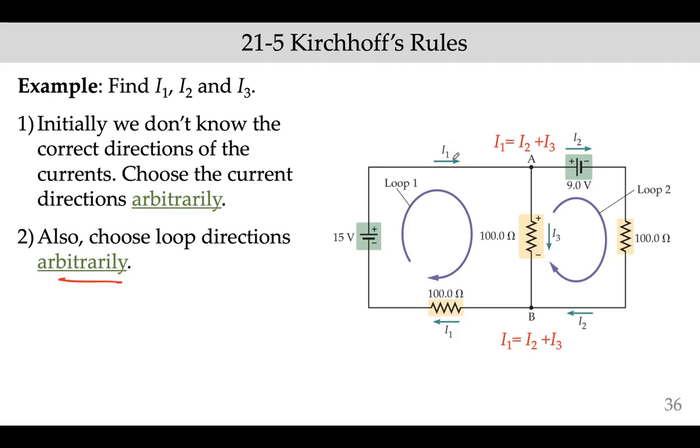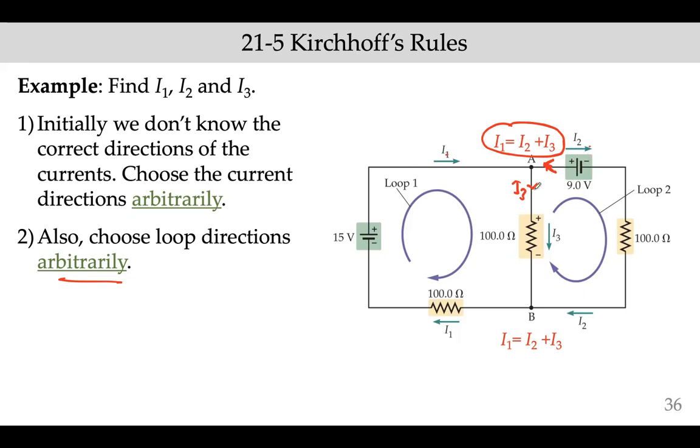First, when you choose the currents like this, I1 comes in and splits into I2 and I3. So from this, I have to write I1 equals I2 plus I3. But if you choose I2 to the left direction like this, then we would write I1 plus I2 equals I3.